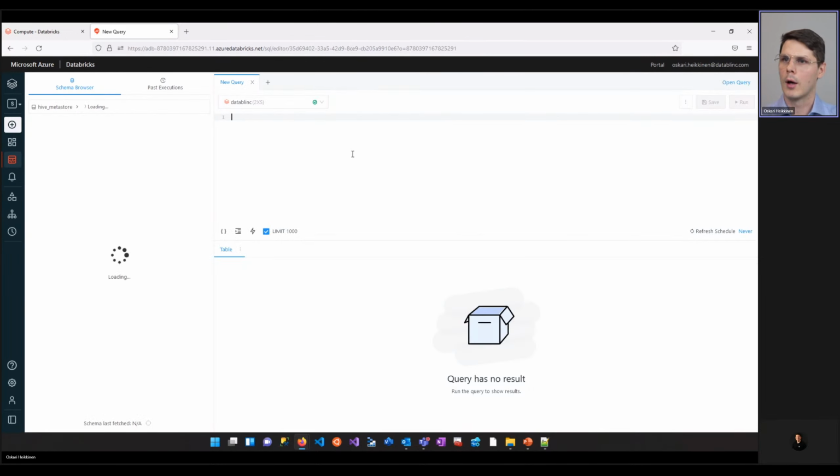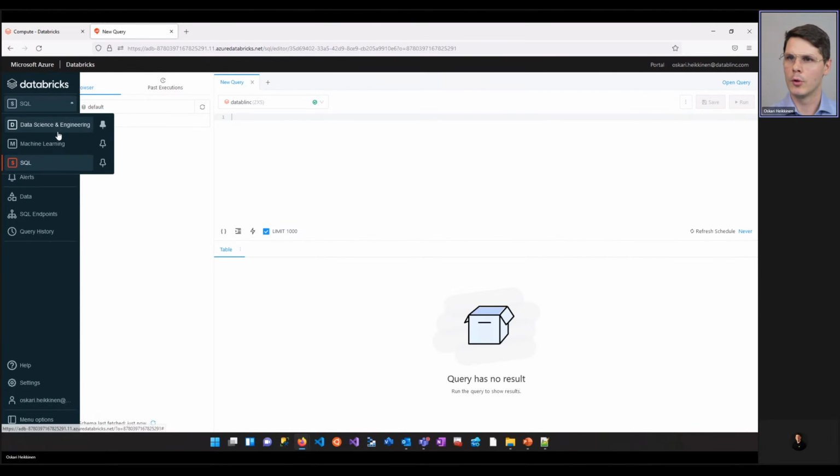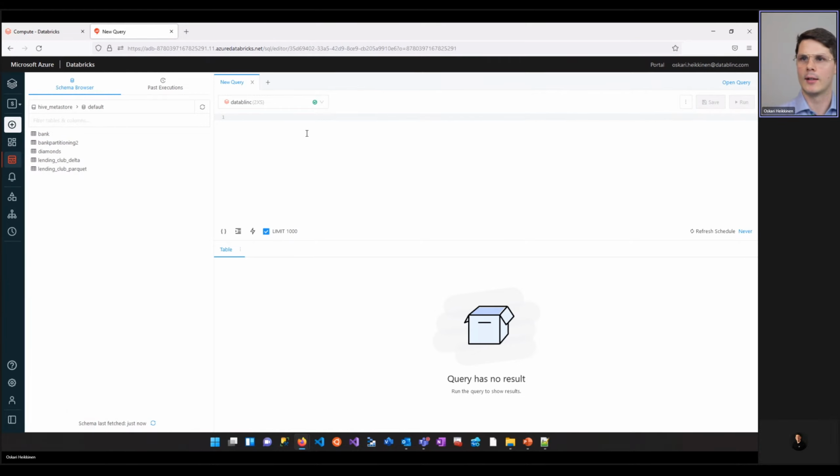Another good demo that I could perhaps show is over on this side. So you can see that we're having the same Hive metastore available on Databricks SQL that I have earlier defined on the now data science and engineering area of the workspace, as it is called.